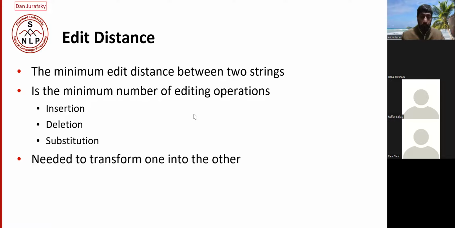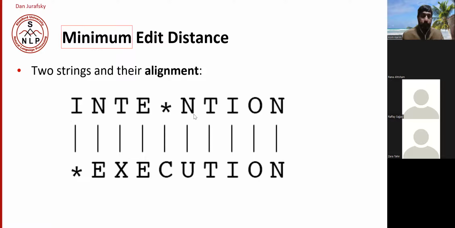Okay. So let's say you have two words, intention and execution. So usually when you are computing the edit distance, you also implicitly are aligning those two strings.